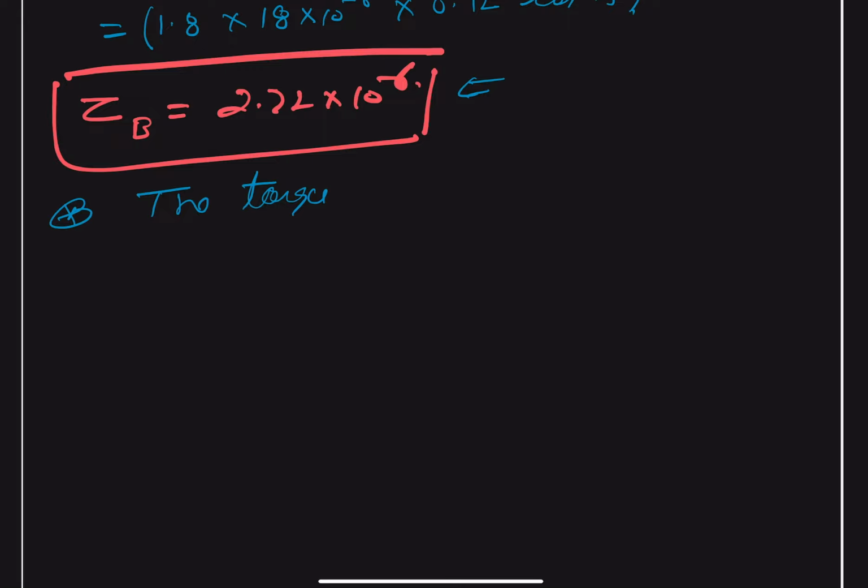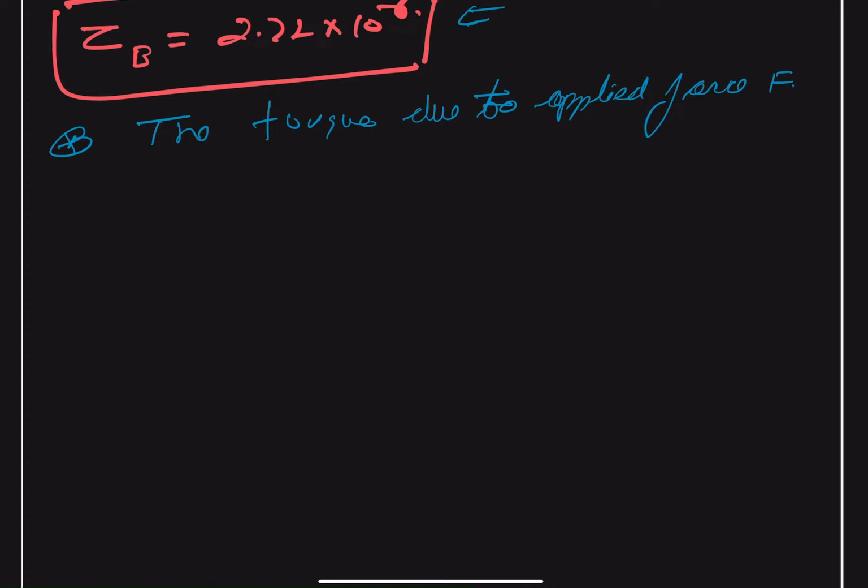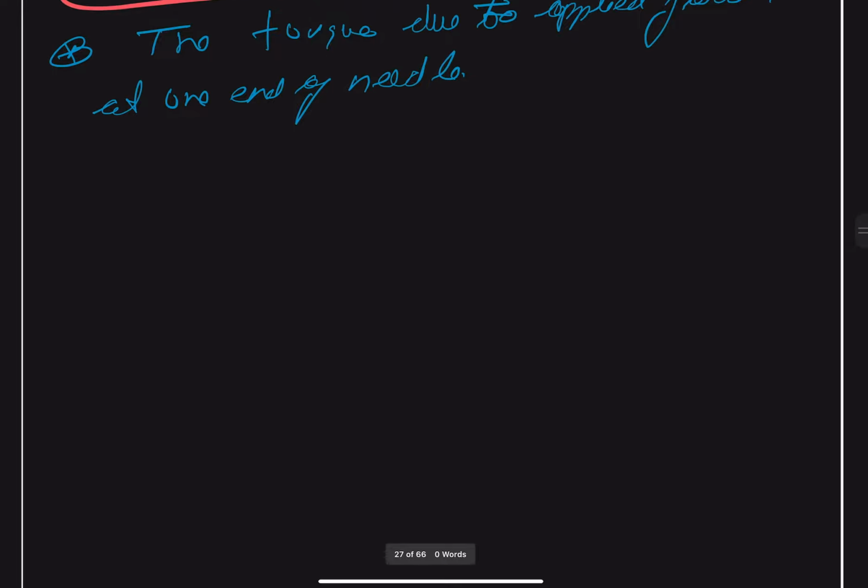So we can say the torque due to the applied force F at one end of the needle, let us call that tau F, will be equal to the applied force multiplied by L by 2.